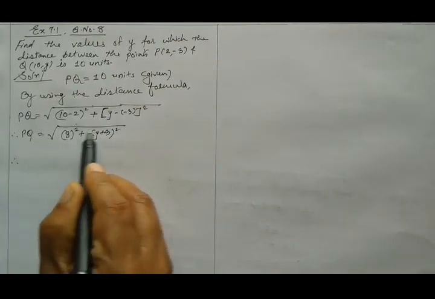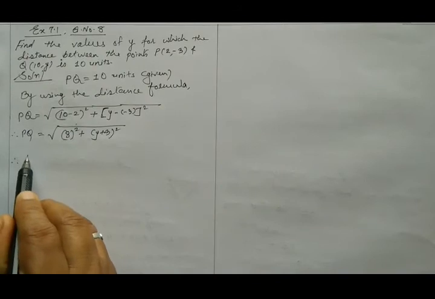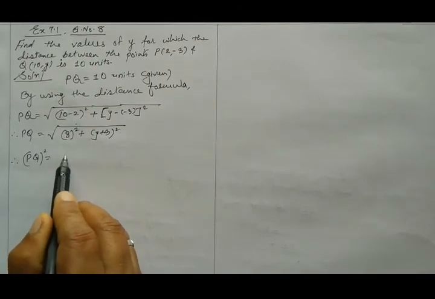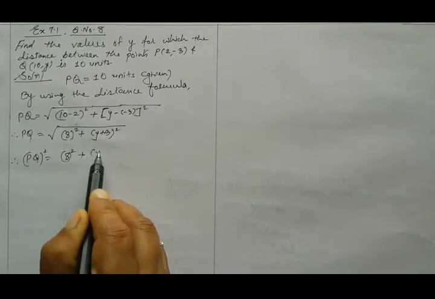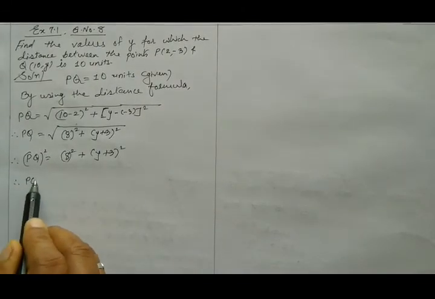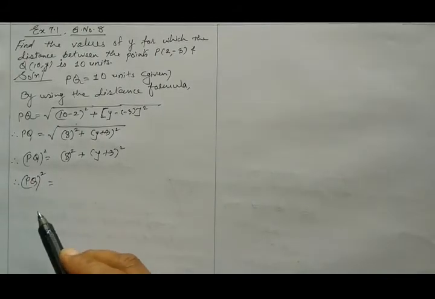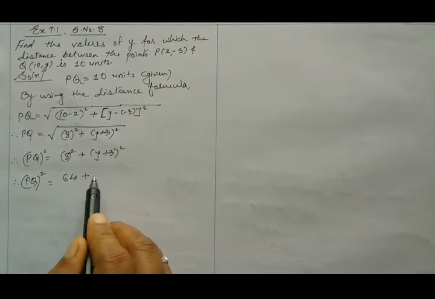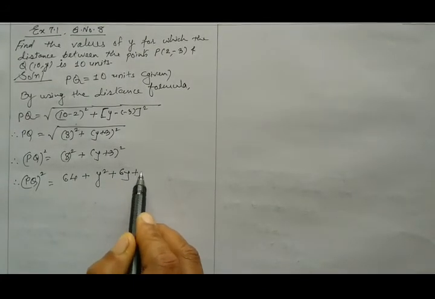Now we want to remove this square root sign or radical sign, so squaring both the sides. So PQ square is equal to 8 square plus y plus 3 whole square. So therefore PQ square is equal to 8 square is 64, y square plus 6y plus 9.